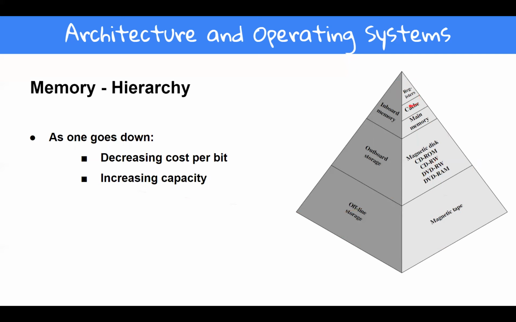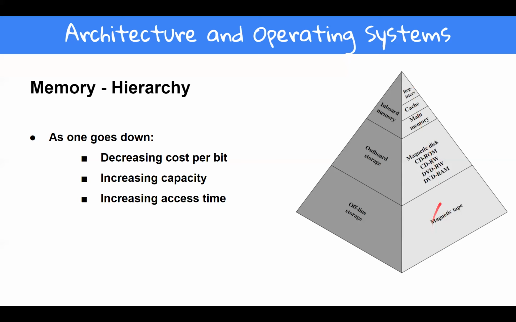Capacity: for registers, we are talking about the number of words, a block or a couple of blocks, a couple of words of registers. But here we talk about terabytes of data. So the capacity increases here. The other one is access time. Registers are very quick, very fast, and the access time is quite low.